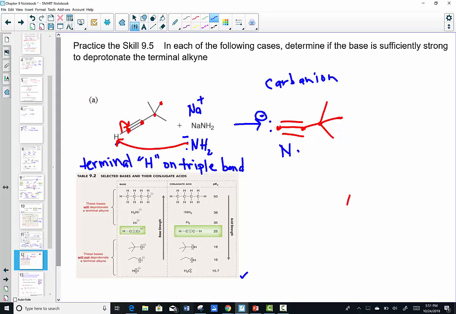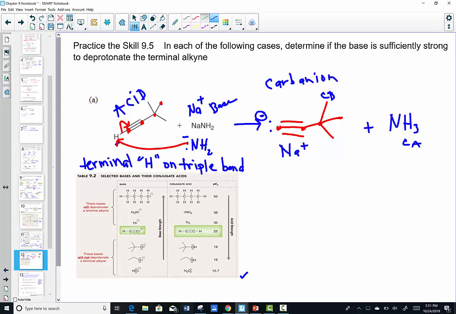So that means that the sodium now will be floating next to it to equalize charges. And in addition, we have ammonia, NH3. The hydrogen added on, we label this the acid. Here is its conjugate base. Here is the base. Here is its conjugate acid.